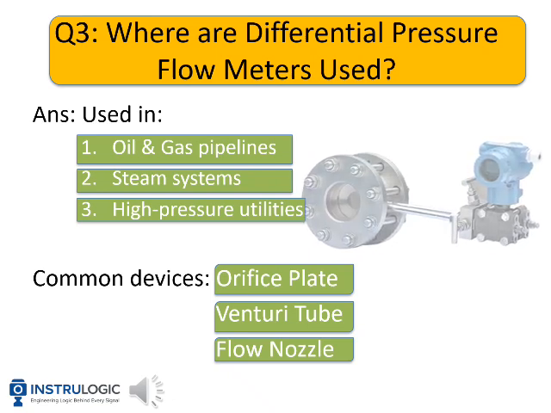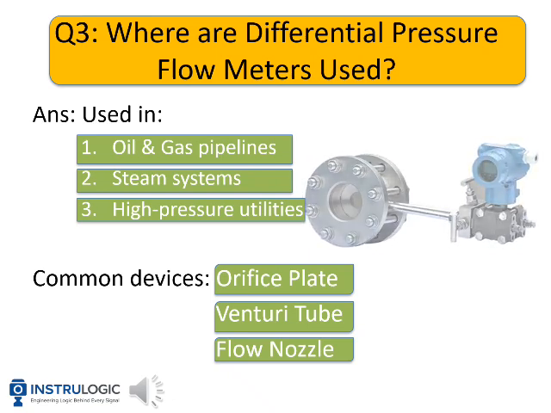The most common devices that work on this principle are: Orifice plate, simple and cost-effective. Venturi tube, offers higher accuracy with less pressure loss. Flow nozzle, used for high-velocity steam and gas applications. Differential pressure flow meters are popular because they are robust, proven, and suitable for many industrial processes.